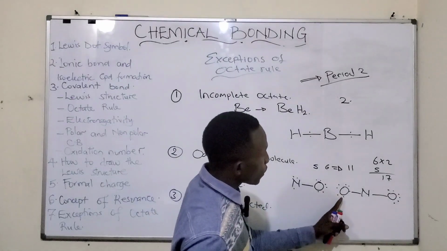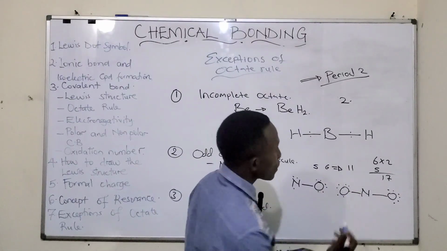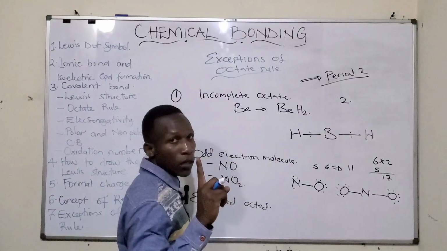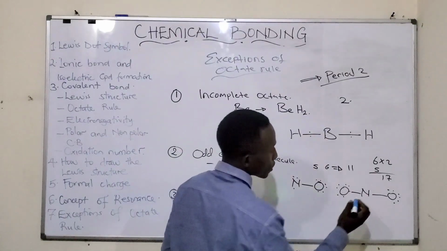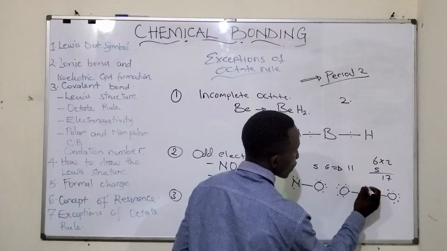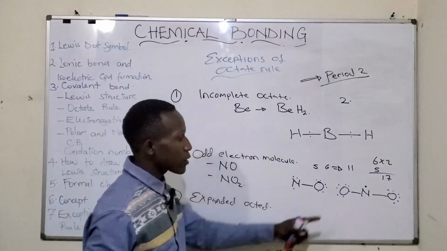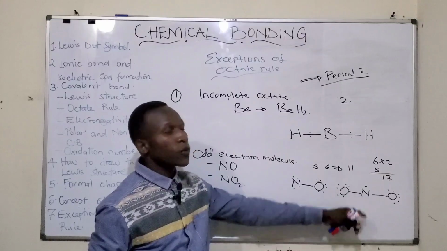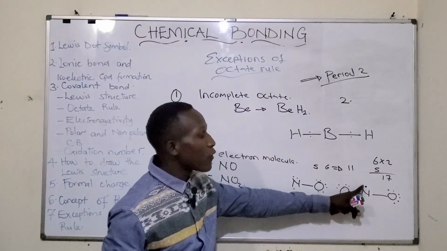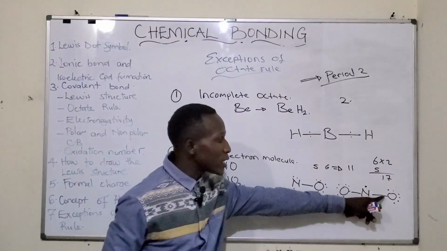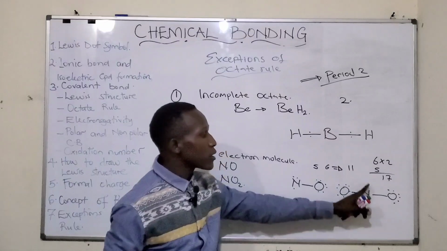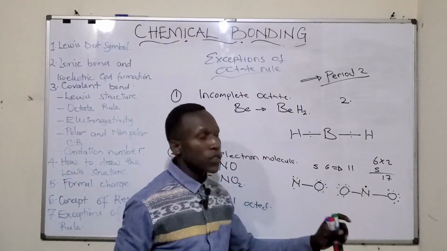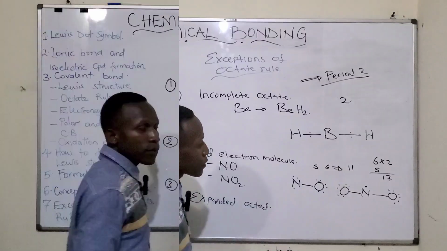So here we have 8 plus 8, which is 16, meaning that we are remaining with one electron. So that remaining electron is put on the central atom, which is nitrogen. Of course, you can't complete the octet of nitrogen here because of this odd number of electrons. Whenever you add 2 electrons, this one increases by 1. So we cannot have 8 electrons surrounding nitrogen.